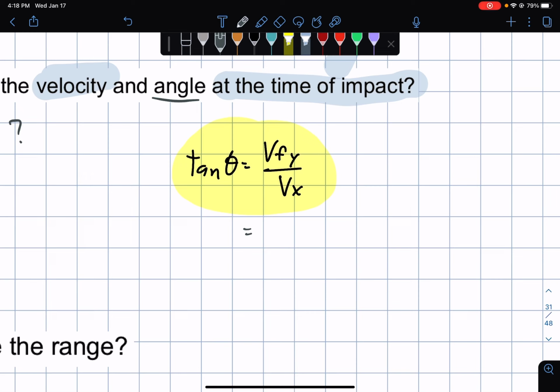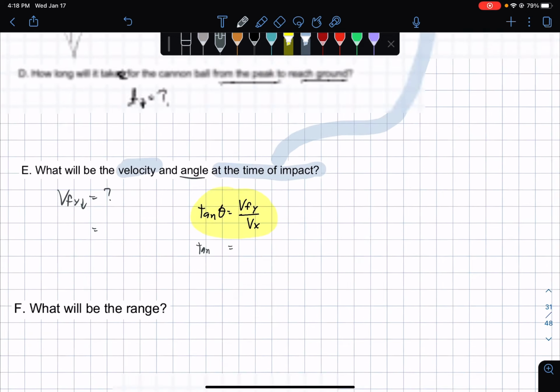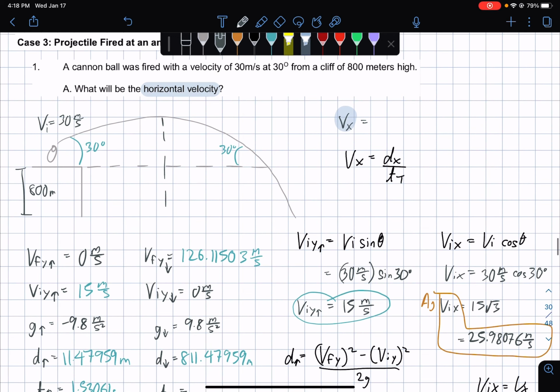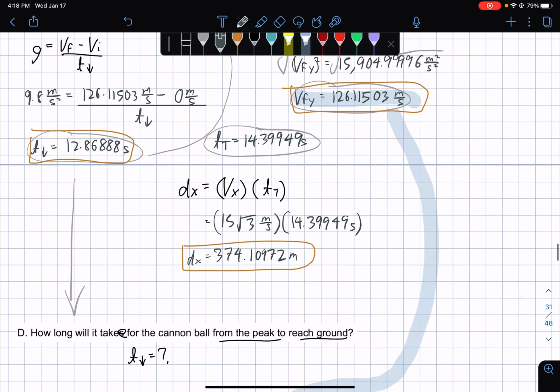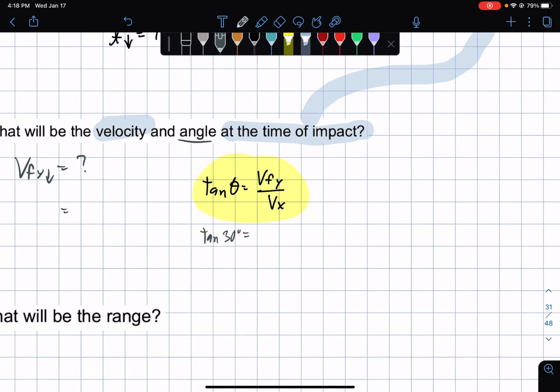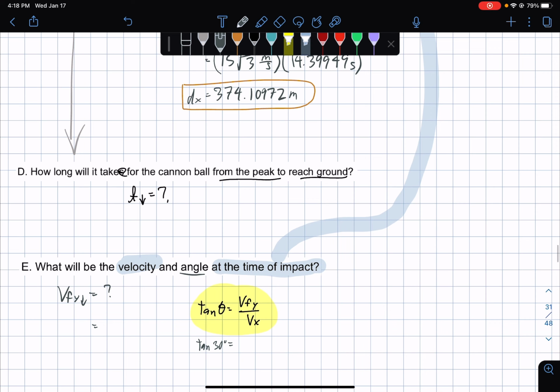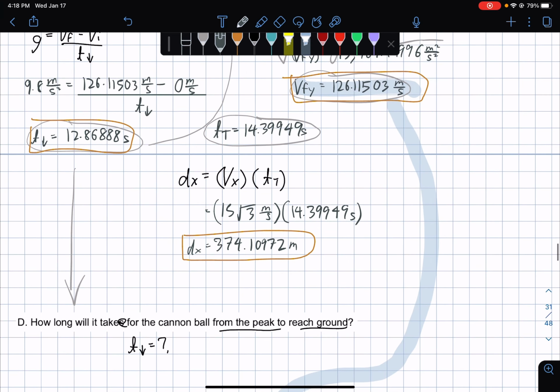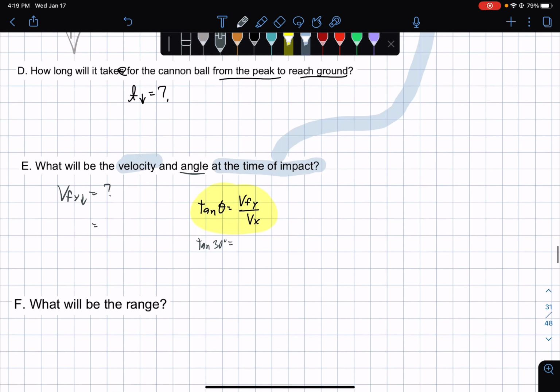We do know what the angle is going up, so that is 30 degrees. And then VFY is what? It's 126.11503.